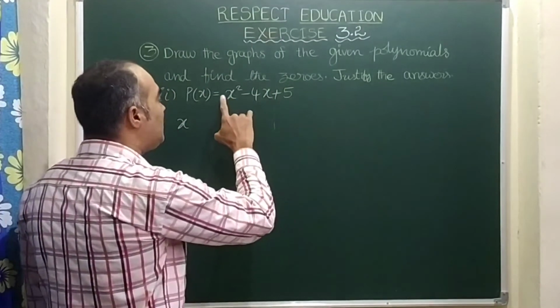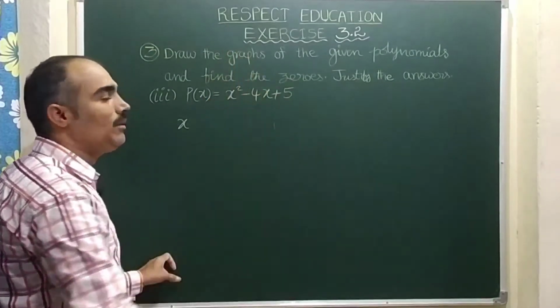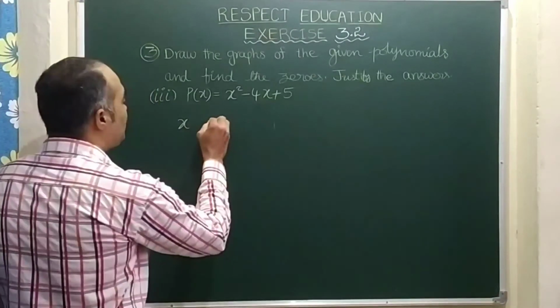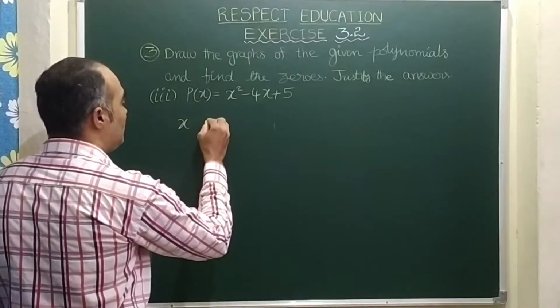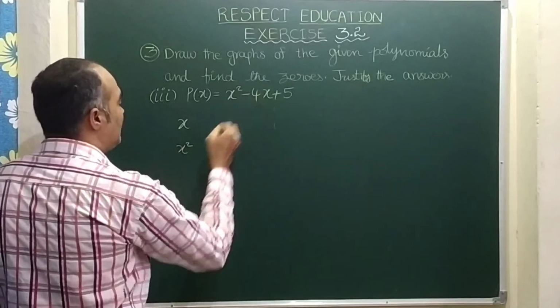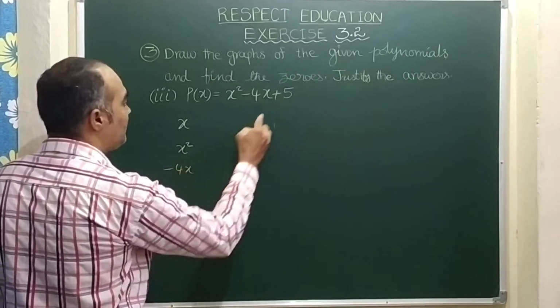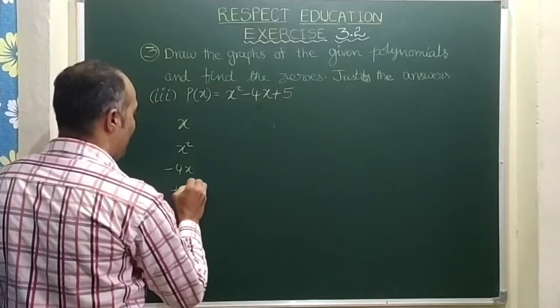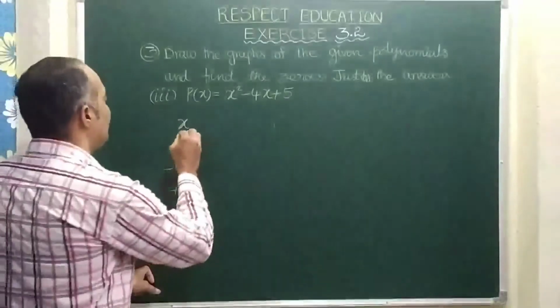That's why better you don't go for the negative values, because nowhere will you get the polynomial value 0. So let us start from 0 only. First the x values, then x square, next minus 4x, and this plus 5, right?